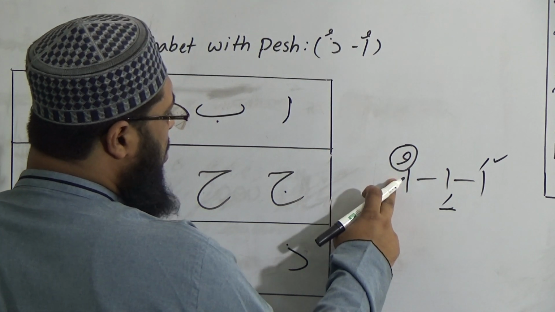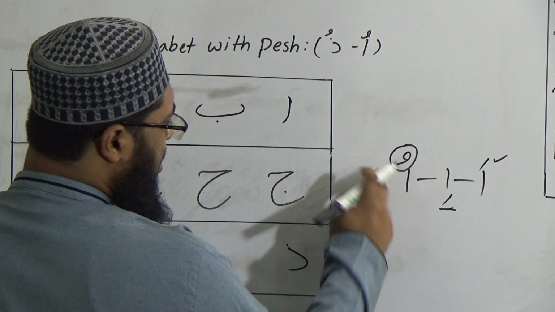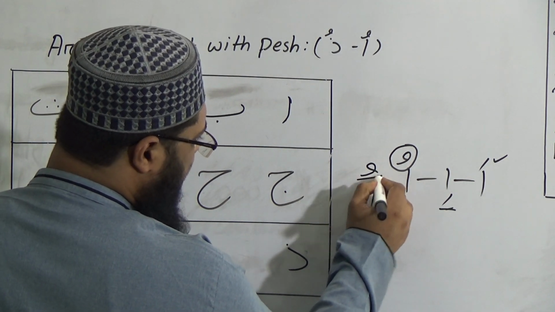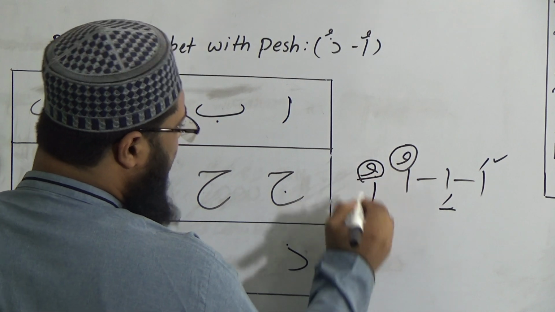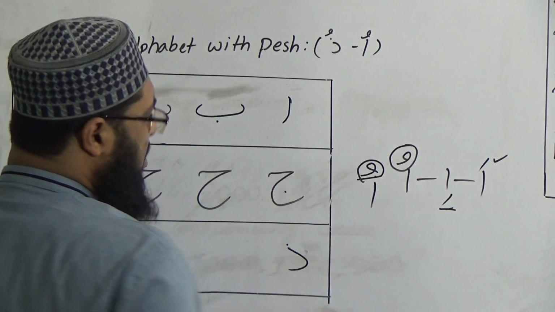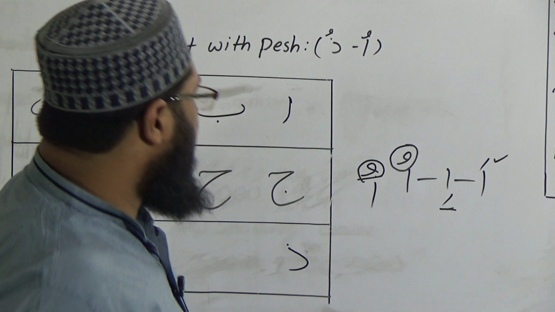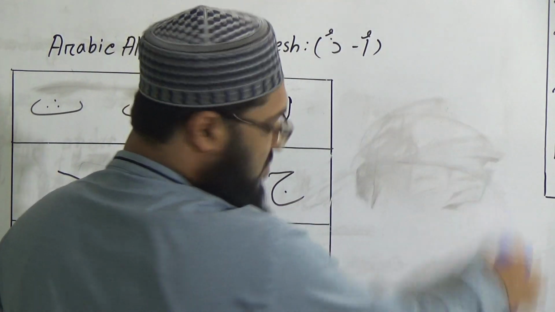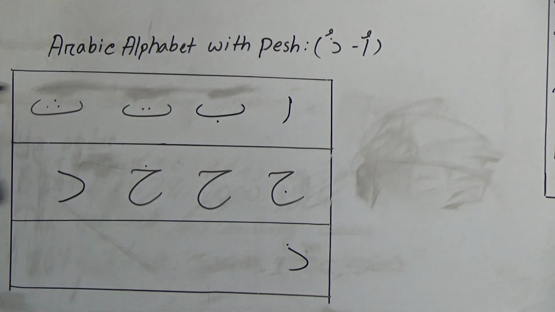So my dear students, today we will learn Arabic alphabet with Pesh. This sign is called Pesh. So my dear students, let's start. Look at the board.